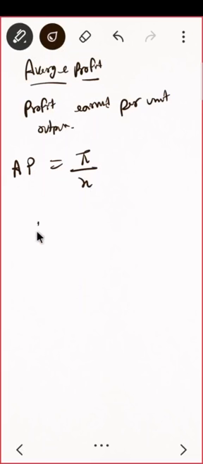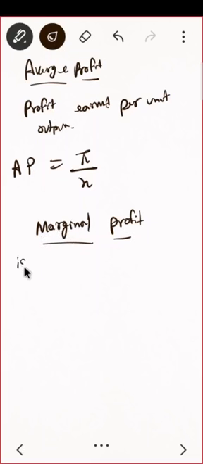Okay. And what is marginal profit? What will be marginal profit? Anybody? Yes, it will be derivative, no? As I told you, if you see the word marginal, that means derivative.